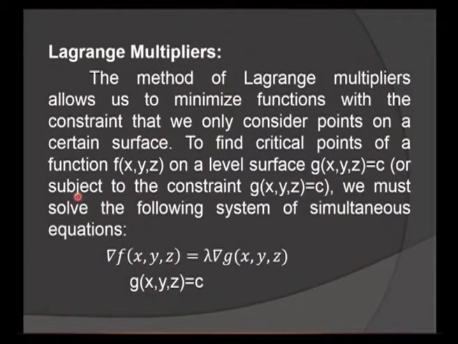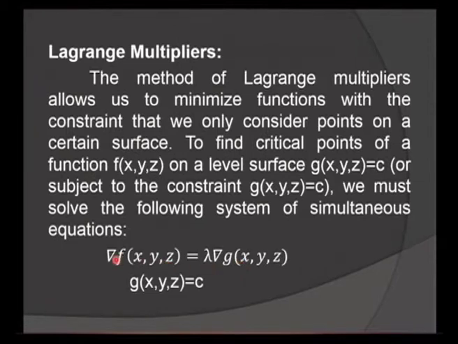So let us find the critical points of a function f of x, y, z subject to the constraint g of x, y, z is equal to c. We must solve the following system of simultaneous equations. The system of simultaneous equations are del f of x, y, z is equal to lambda into del g of x, y, z.